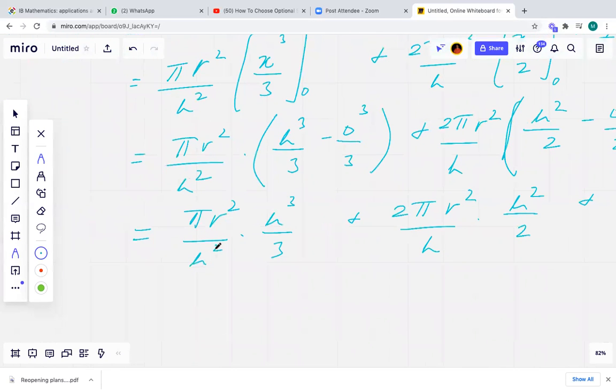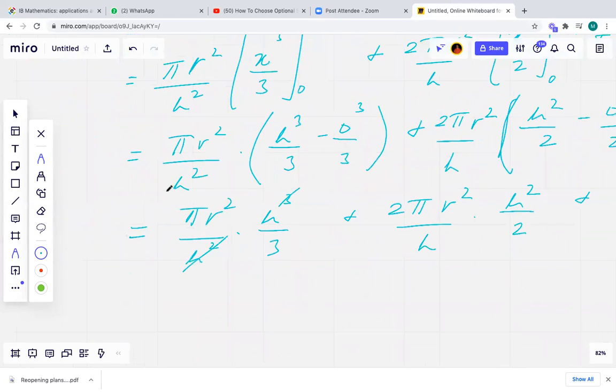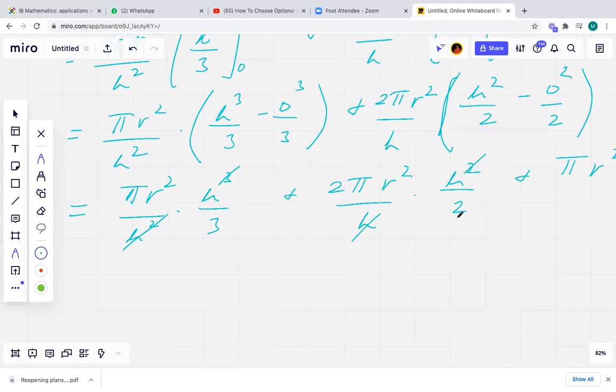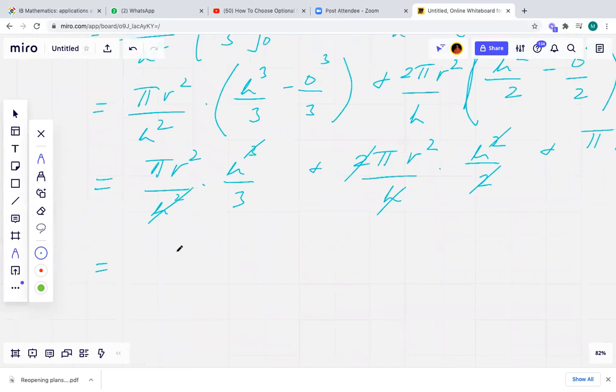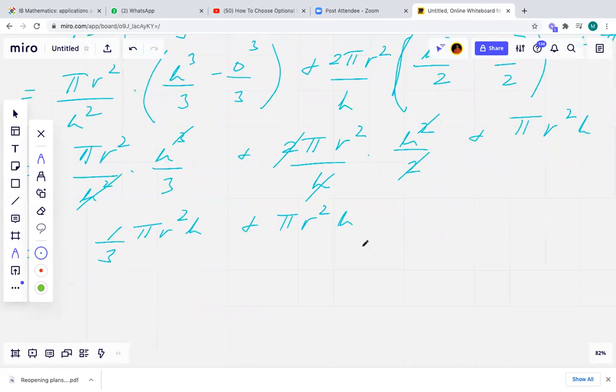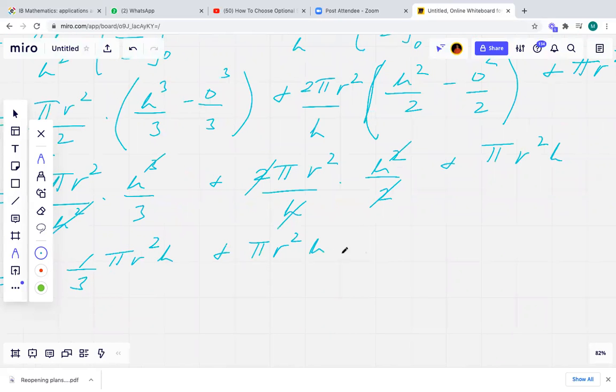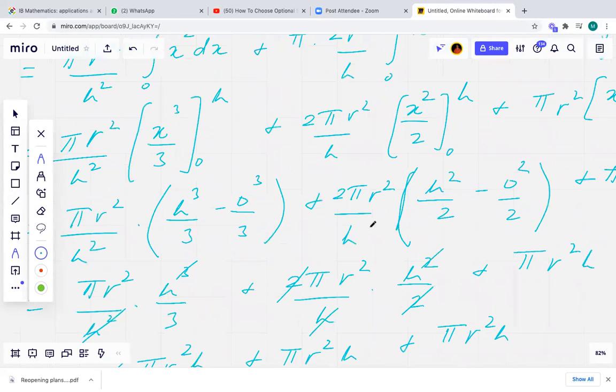Now see, this h square will cancel, this h will cancel, and these two will also cancel. I have 1 upon 3 pi r square h plus pi r square h. I think I made a mistake somewhere.